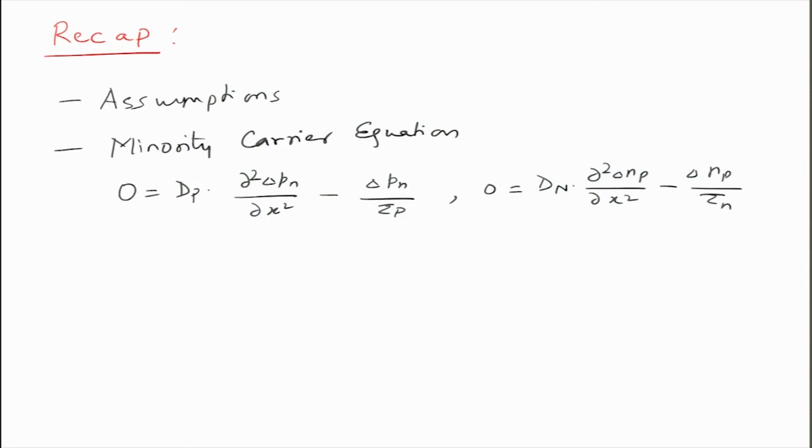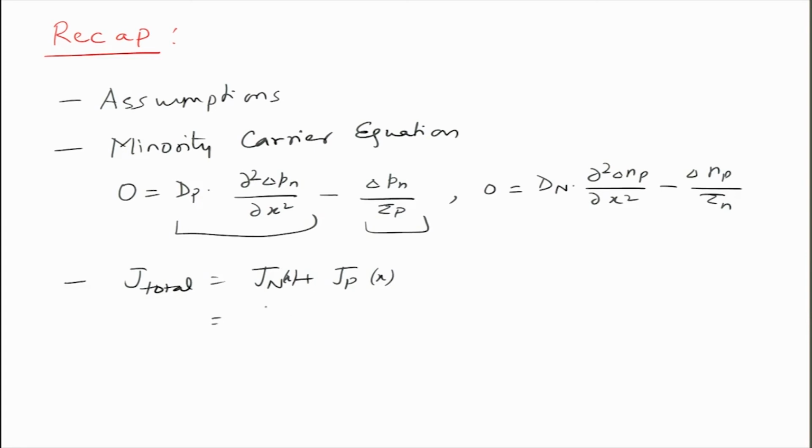These were the equations, because you are only considering the diffusion of carriers and recombination. We also said that the total current within the semiconductor, J total, was equal to Jn plus Jp at any given x.